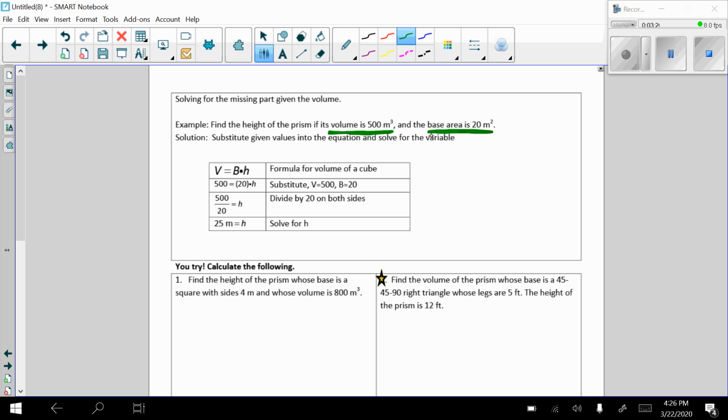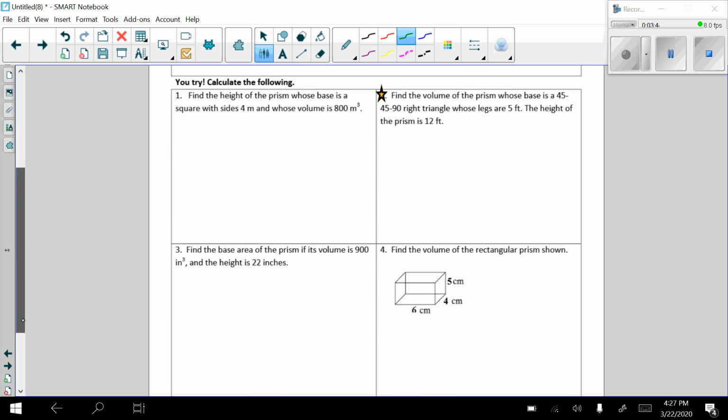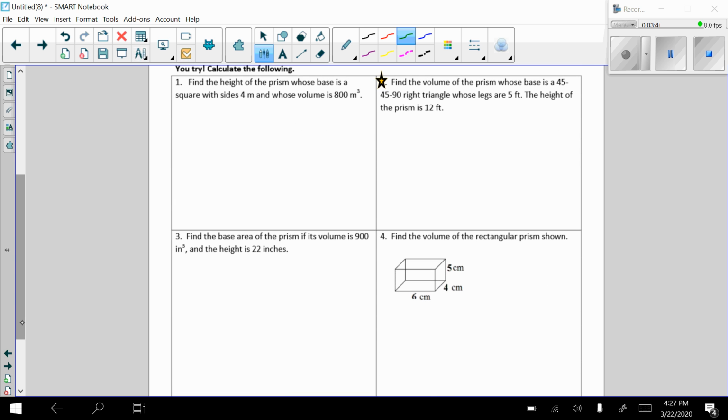As usual, you write your formula, substitute your values into the appropriate place, and then solve for the variable that we don't have. We do not know what the height is. We can simply divide by 20 on each side, and we find out in this particular problem that the height is 25 meters.